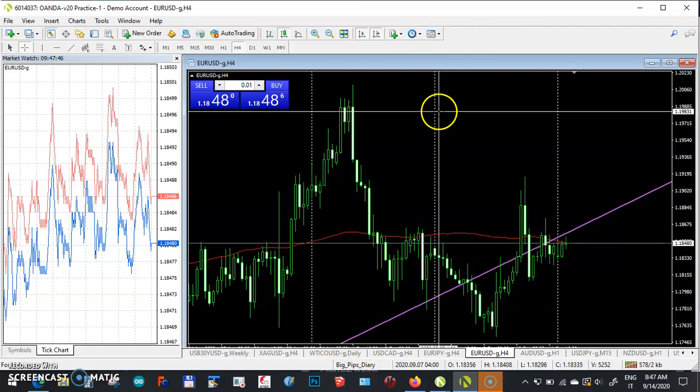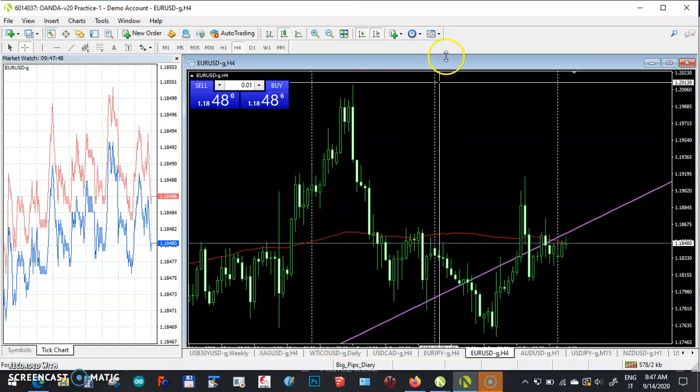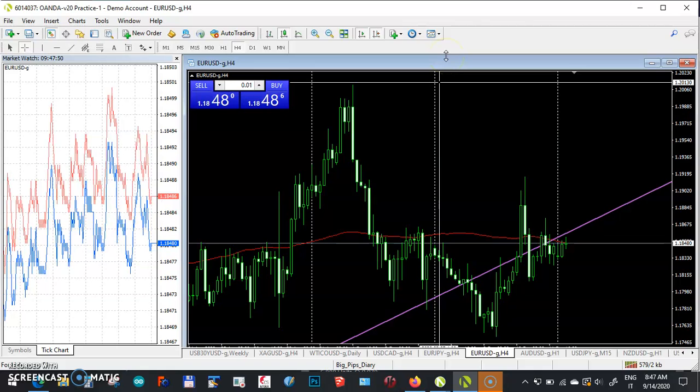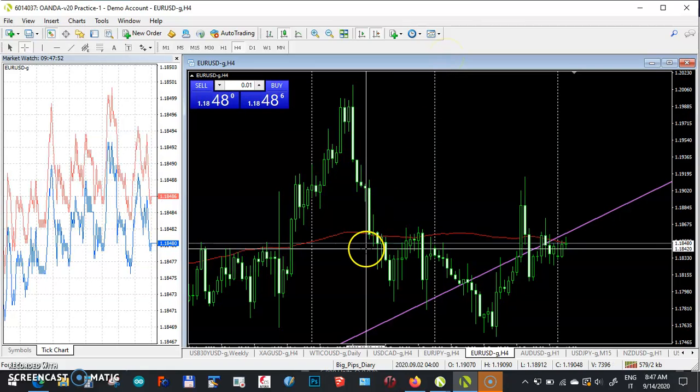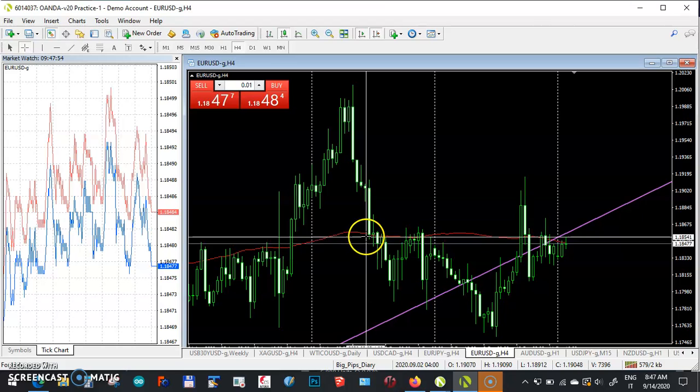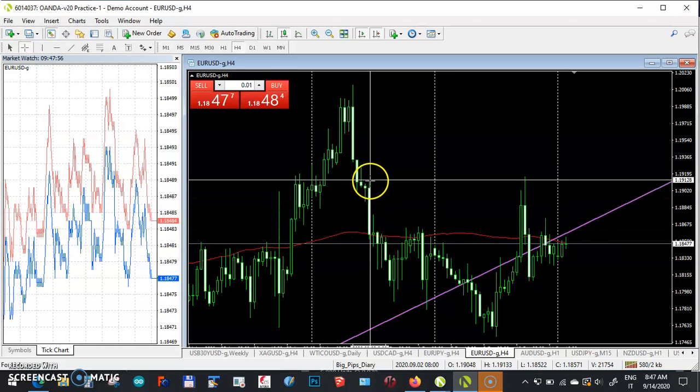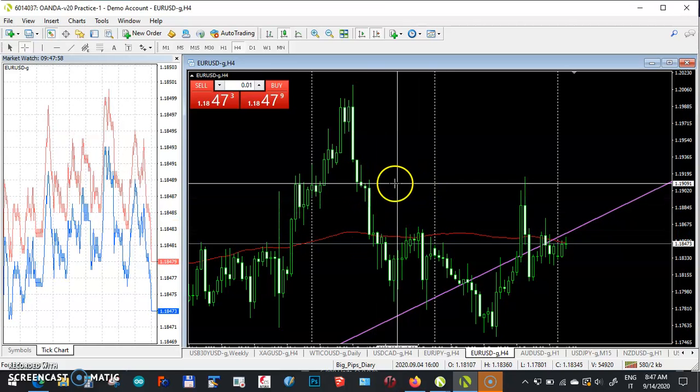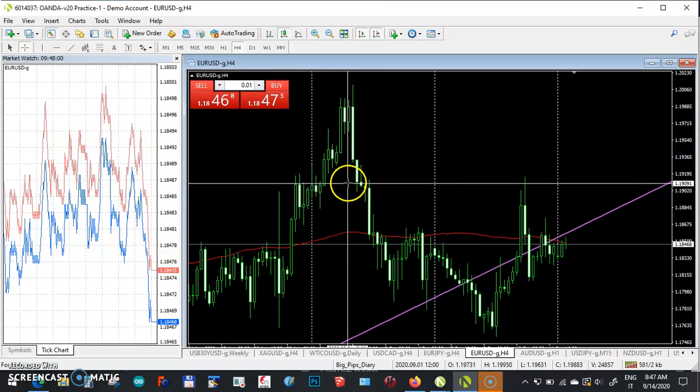In the 4-hour time frame, the situation is not clear, of course, but we can see we took this level.